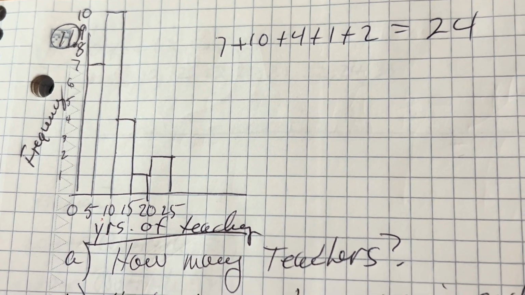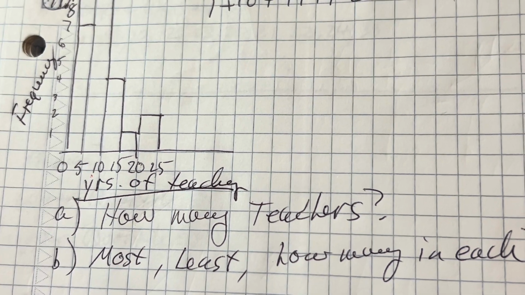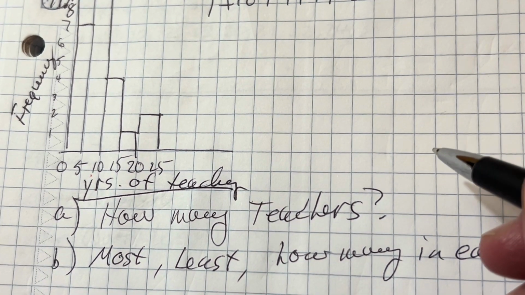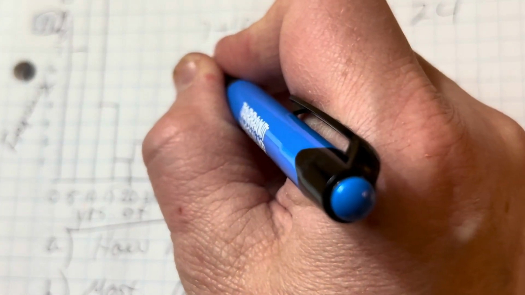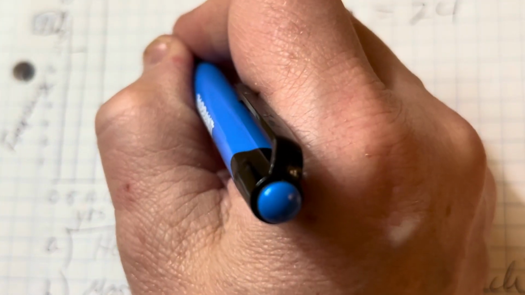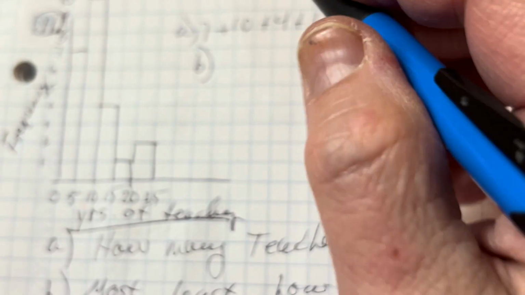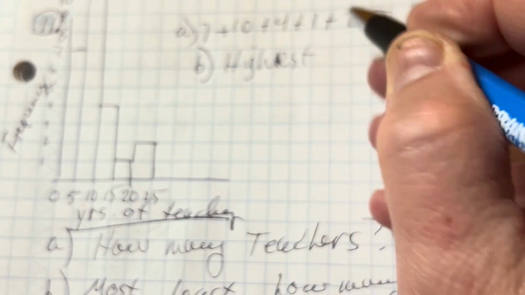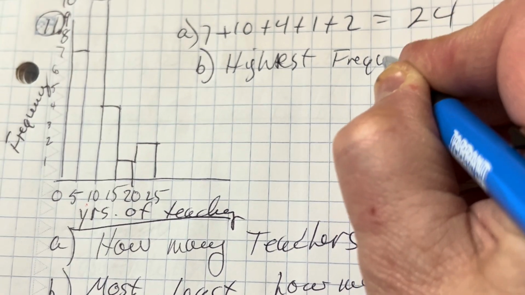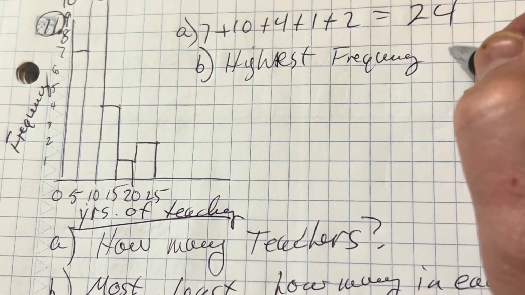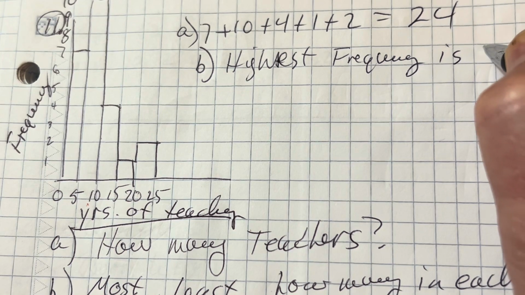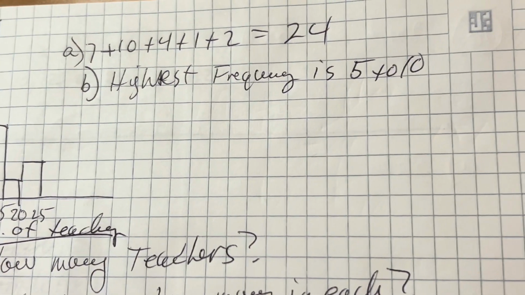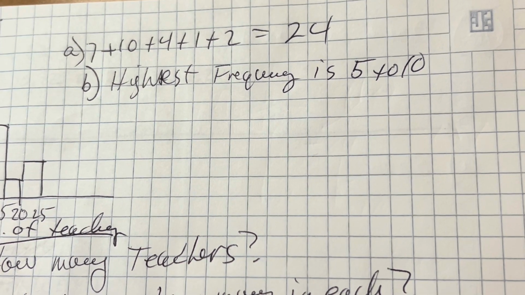Then the next part of the question says, which group of teachers has the most? Well, that's part A. For part B, the highest frequency is 5 to 10 years.